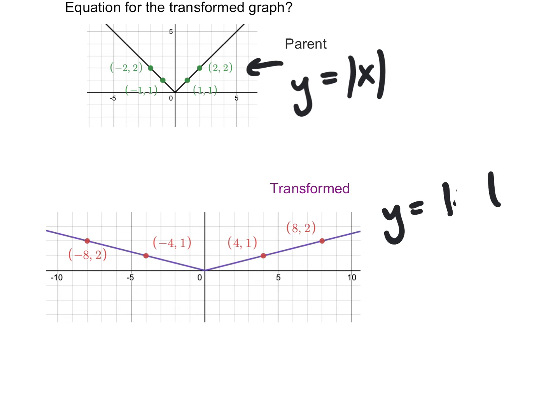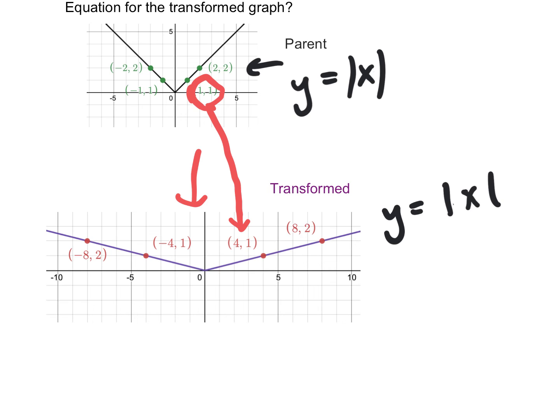I'm going to move this x kind of to the middle, give myself room. Try to think through what would need to go where to make this happen. Well, what needs to happen is I need to look at my 1, 1, this point right here, and see it's changed to a 4, 1. 1, 1 turned into 4, 1.